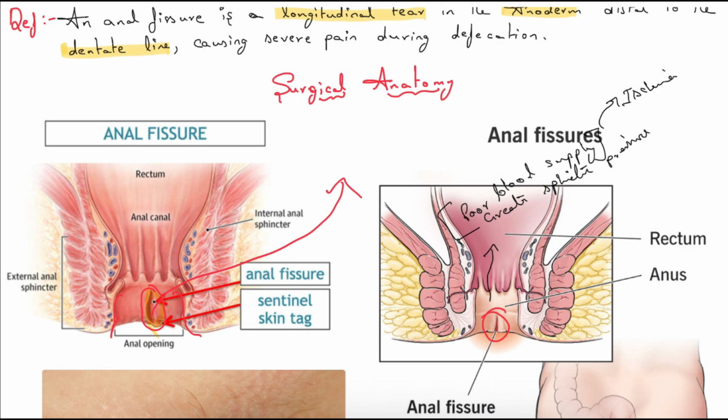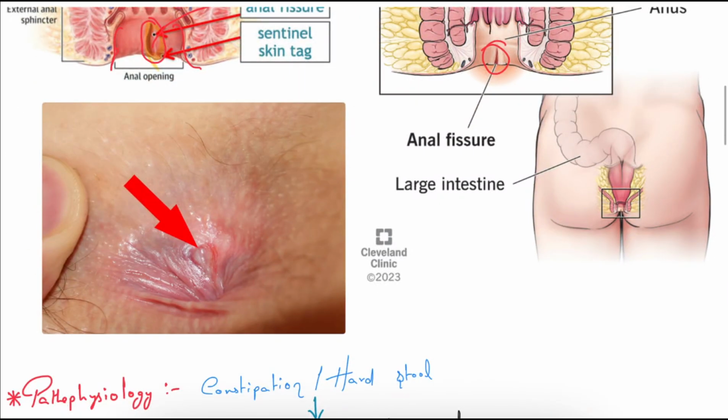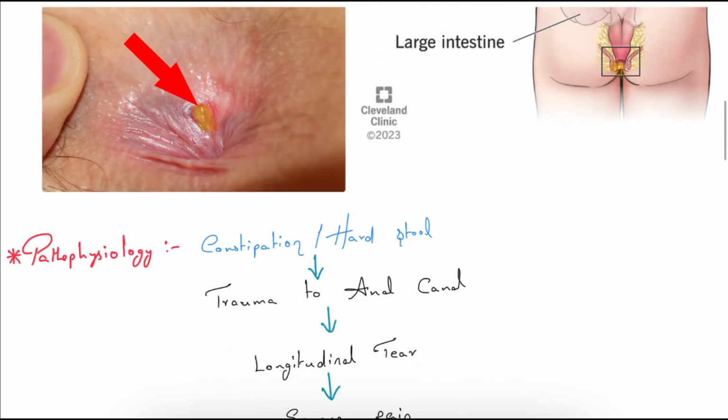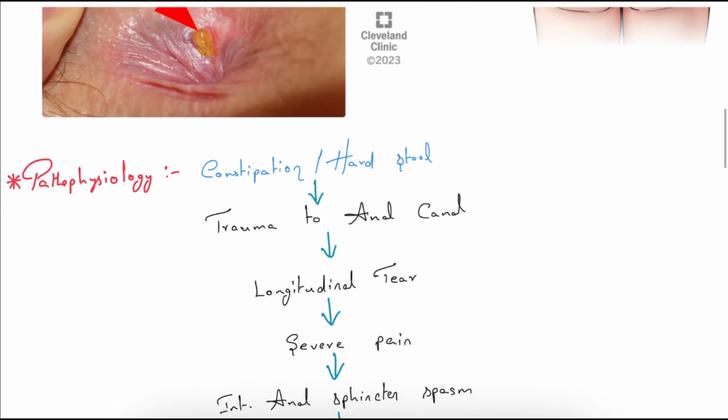When the patient gets a tear, the problem in fissure is that because of poor blood supply and ischemia, it does not heal fast. You can see this type of fissure here. This is a real picture of an anal fissure in the anal area.